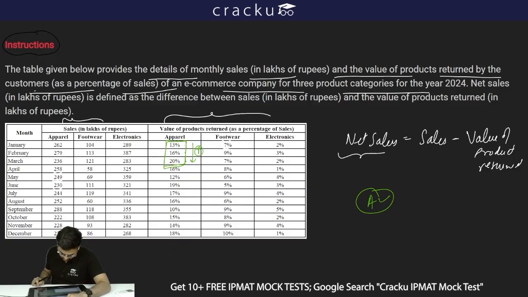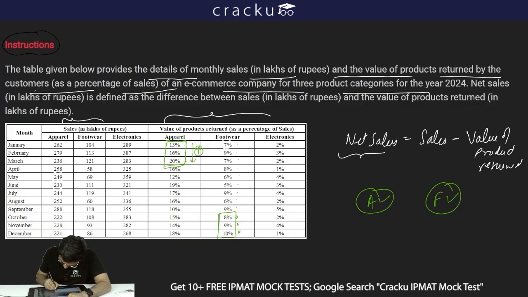Now let's look at footwear. Footwear is 7, 9, 7, 8, 6, 5, 9, 6, 9, 8, 9 and 10. See, this is 8, 9 and 10. So for these 3 months, October, November and December, the value of product returns as a percentage is increasing continuously, which is 8%, 9% and 10%. So I can say the footwear category is also satisfying my criteria.